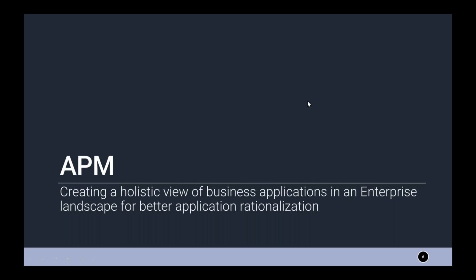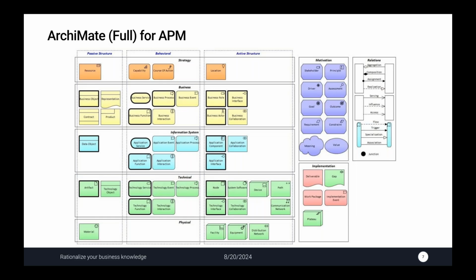And just in the context of application portfolio management, one of the accelerators that we have is for the application portfolio management use case. People may wonder, why shouldn't I just use Archimate? There's full Archimate support, and we could just use that for APM. And it's definitely possible to use Archimate for APM, and that's what we are using as well.